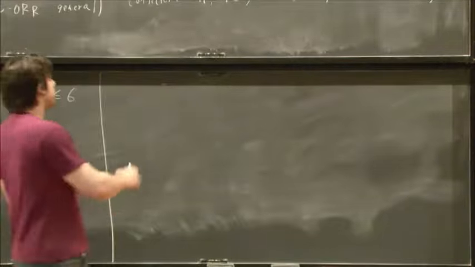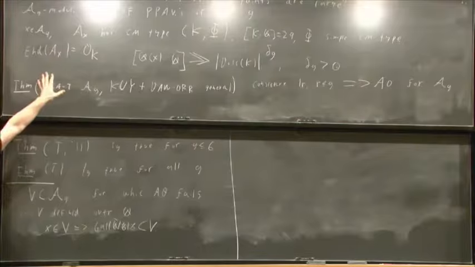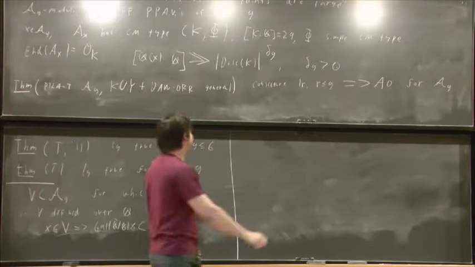OK, so let me now talk about this conjecture 1G. Let me first mention what happens in the case of elliptic curves, and then I'll sketch what happens for CM abelian varieties.